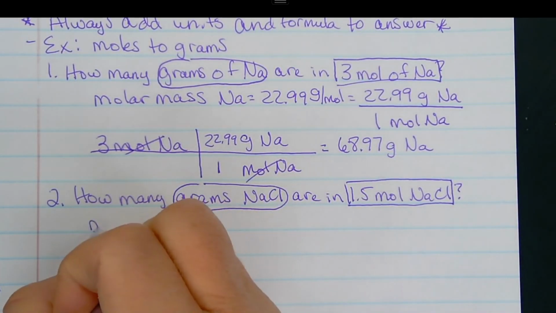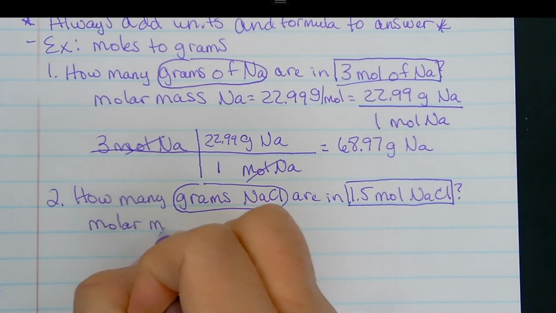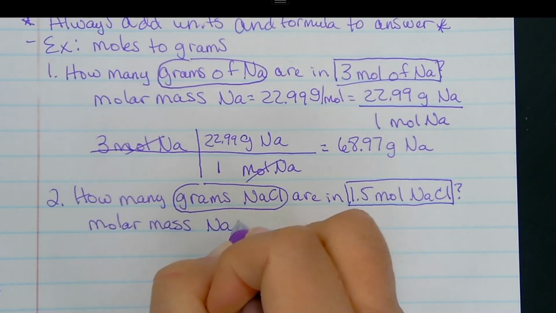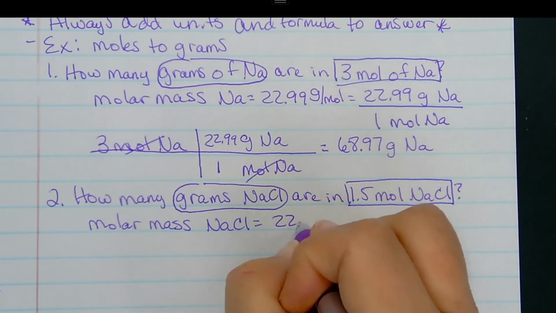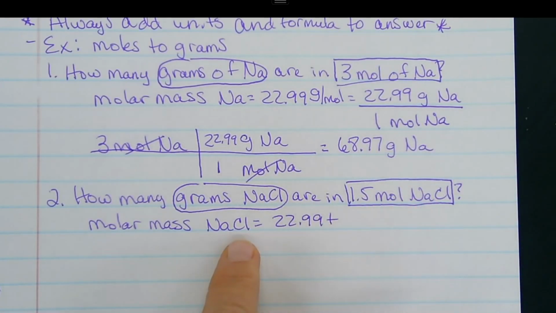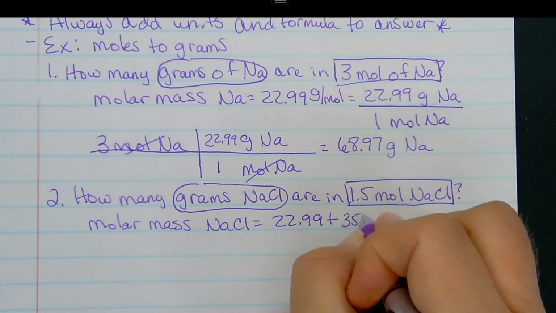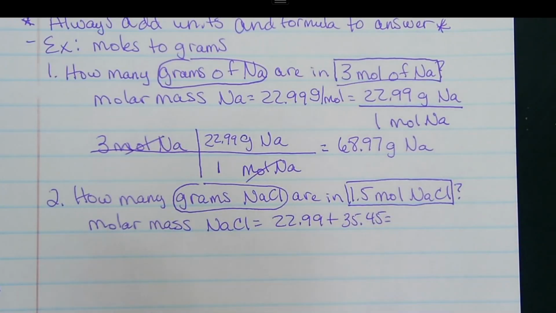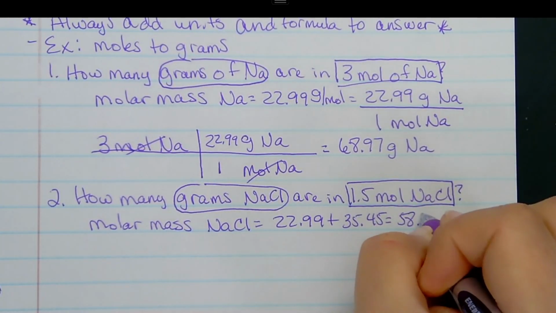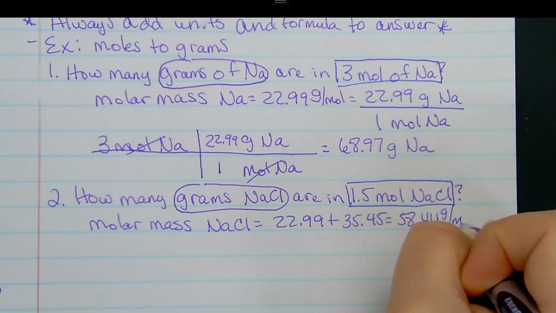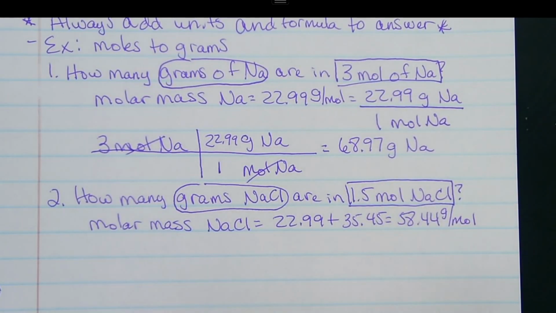Then I'm going to find my molar mass of sodium chloride. And I have 1 sodium, 22.99, plus 1 chlorine, 35.45. If you did that, it would come out to 58.44 grams per mole. 1 mole, okay?